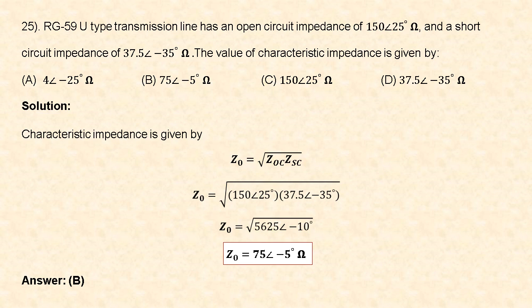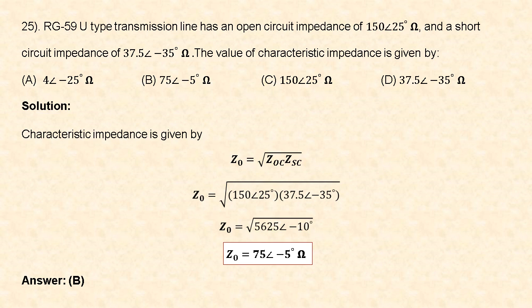So substituting for ZOC as 150 angle 25 degree and ZSC as 37.5 angle minus 35 degree, we have Z0 is equal to square root of 5625, which is the product of magnitudes, that is 150 into 37.5, and angle, which is the sum of the arguments, 25 minus 35 degree, which is minus 10 degree.